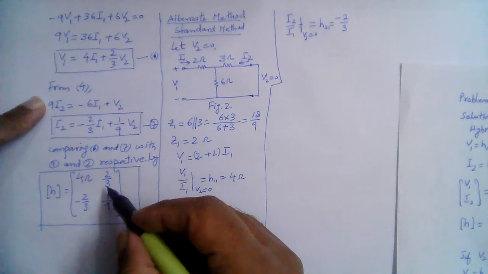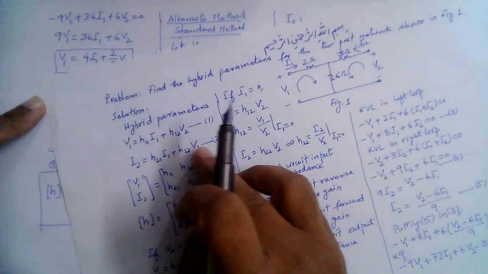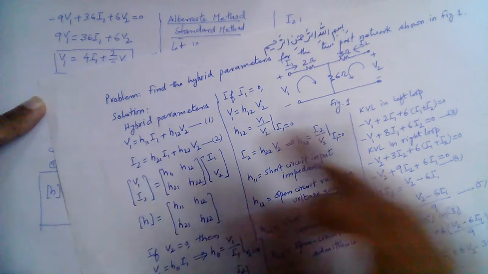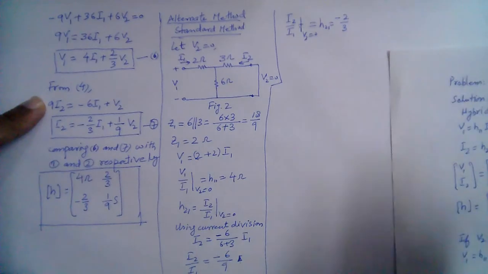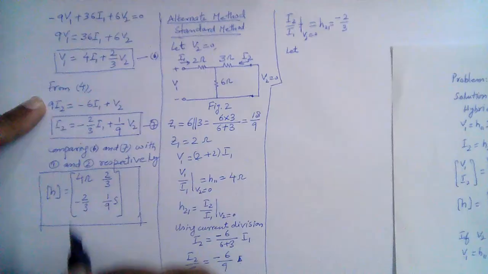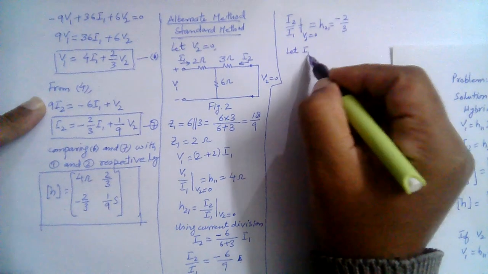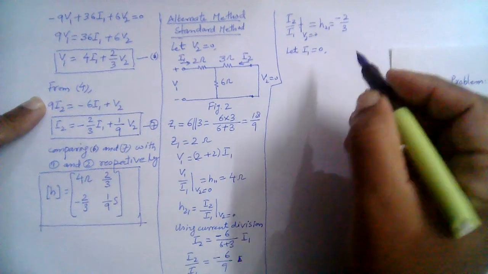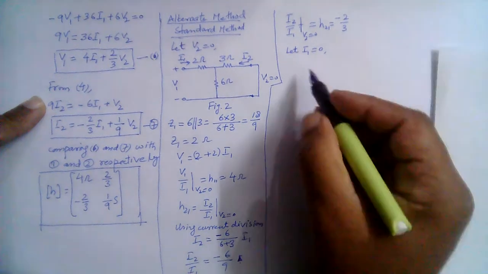Now to find the other two parameters, we need to put I1 is equal to 0. So now we put I2 is equal to 0. I1, not I2, I1 is equal to 0. So in that case, let me redraw this circuit again.